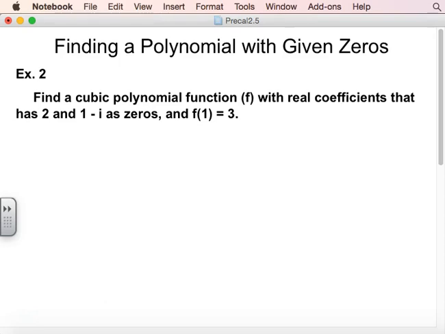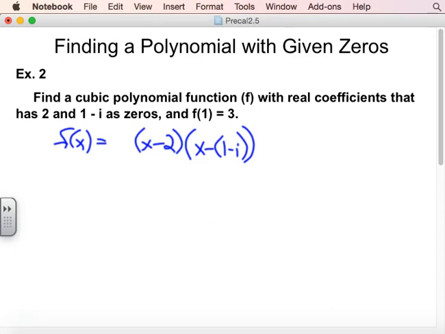Okay, so here's what we're going to do. Just like we worked on the last problem, if you know the zeros, we can write the factors by just doing x minus the zeros. So my function is going to be x minus 2, and x minus (1 minus i). Yes, I have to put the 1 minus i in parentheses, I'm subtracting the whole thing. Now, here's one thing you have to be aware of.